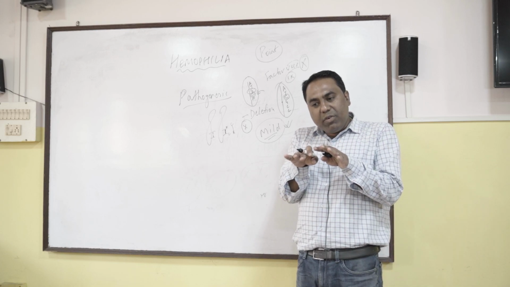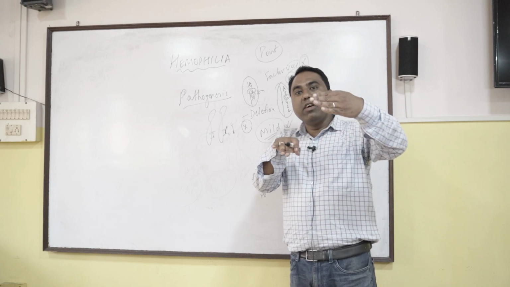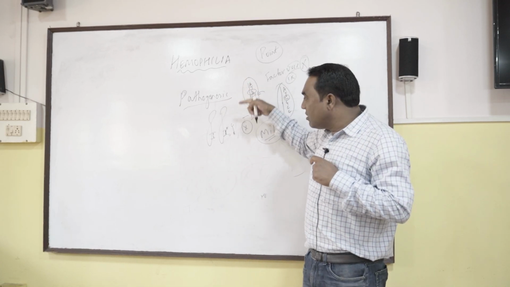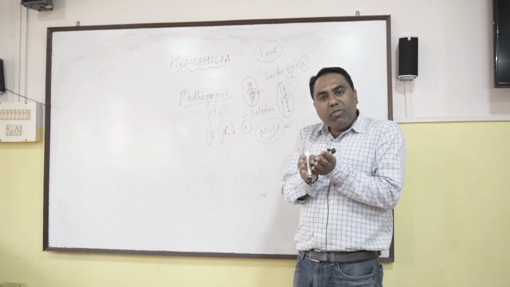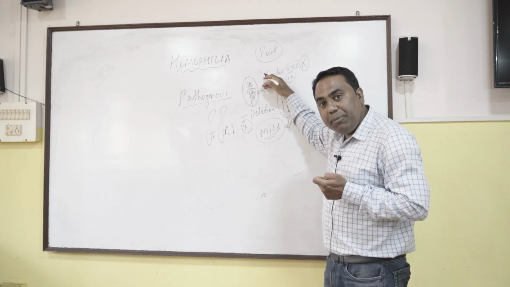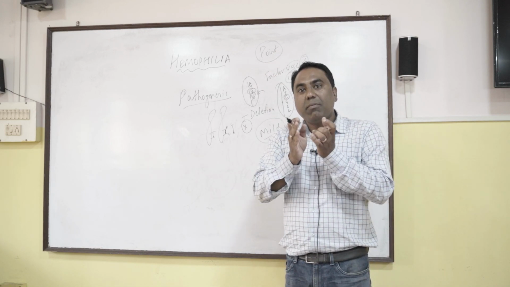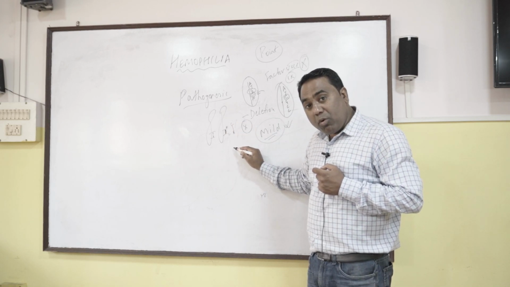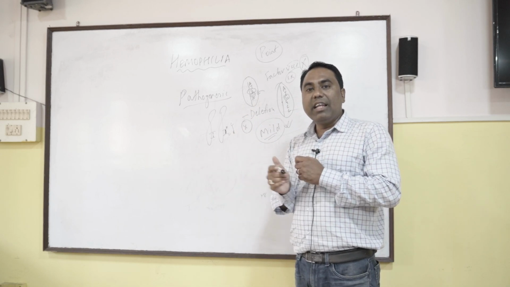So hemophilia could be mild, moderate, or severe. Severe hemophilia is basically due to the reversal of the gene. Moderate hemophilia could be due to some kind of deletion, or due to the production of stop codons, whereby the genes are mutated to produce a stop codon, which is going to stop the synthesis of factor 8 and factor 9.